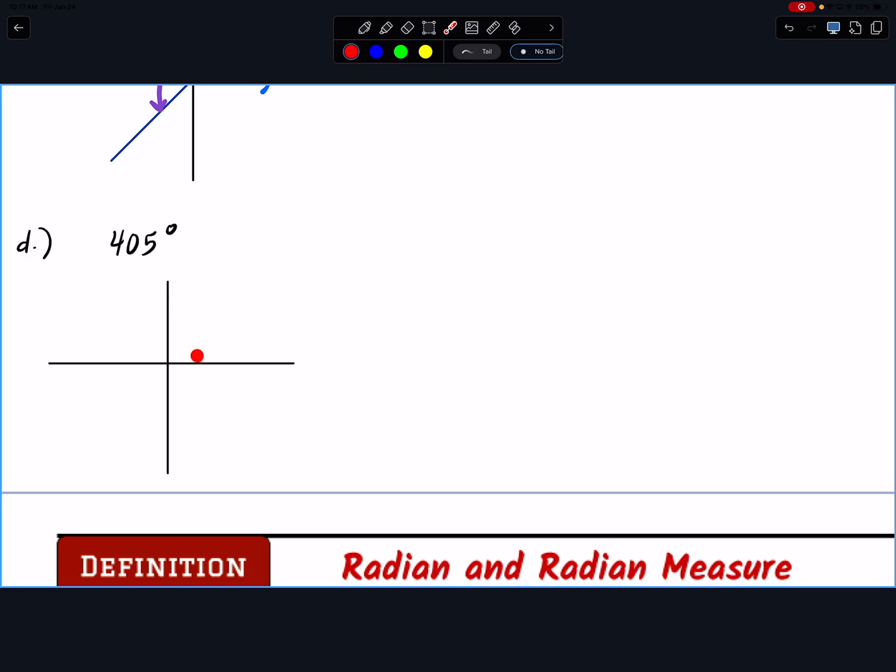So remember, a full circle is 360. So basically 360 plus how much more do I need to go to get to 405? 45 more. So it's going to look like this. 405 degrees is the same thing as 360 plus 45.